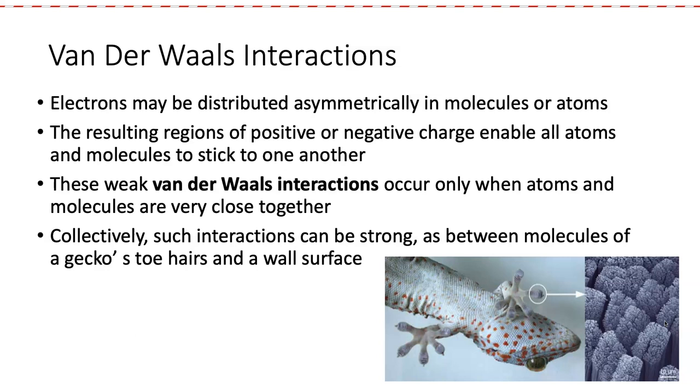But if you add up a whole bunch of van der Waals interactions all together, you can actually get something pretty strong. What scientists have learned is that the fingers of geckos have van der Waals interactions all going on. The reason they can crawl up smooth surfaces like glass is because all of these weak interactions add up to a fairly strong interaction, and they can stick to a surface.